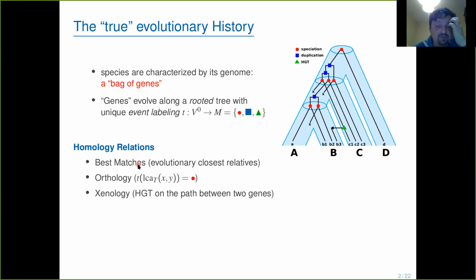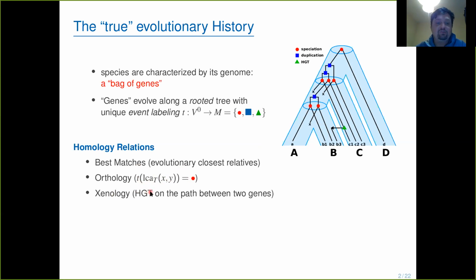These are best matches that reflect if genes are closest relatives with respect to the species in which they reside. We have a well-known relation, the orthology relation. Two genes are in this relation whenever their last common ancestor is a speciation event, so it is a red bullet in the gene tree here.